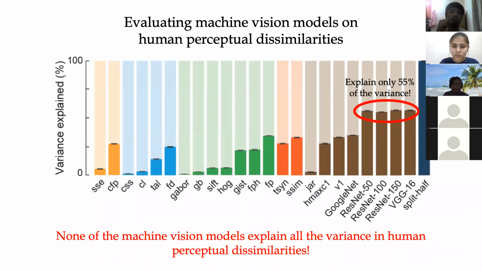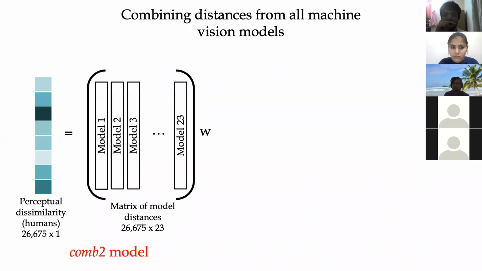So as Shambhubi asked, instead of considering each of these models individually as separate entities, why not combine all of them so that we give these models the best chance to explain human data, right? That is exactly what we did. We wondered, if we combine all the powers of these 23 models and create a better model, we might explain perceptual dissimilarities better.